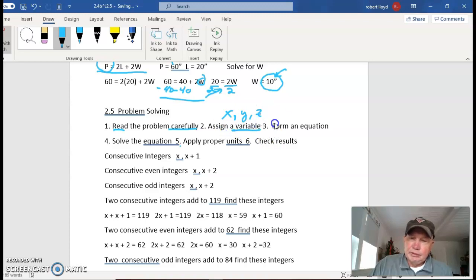Then we have to combine these variables together with various other parts of the problem to form an equation. Then we solve the equation for the variable and apply the proper units. And you can always check your results by taking your answer and putting it into your equation.